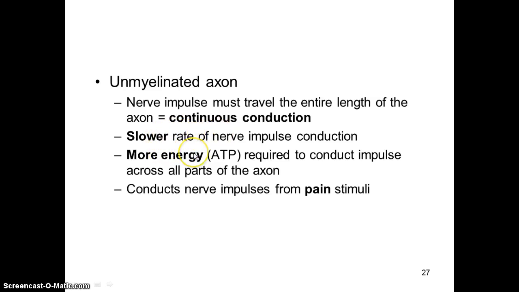Because there's more ion gates that have to be opened by phosphorylation with ATP, it requires more energy for continuous conduction, and this is the type of transmission that's characteristic of transmitting pain stimuli, so that we become consciously aware of pain sensations at a slower rate than the impulse transmission that occurs to stimulate our skeletal muscles to contract.